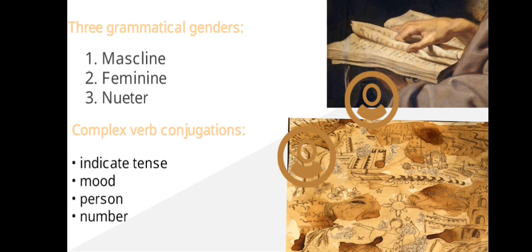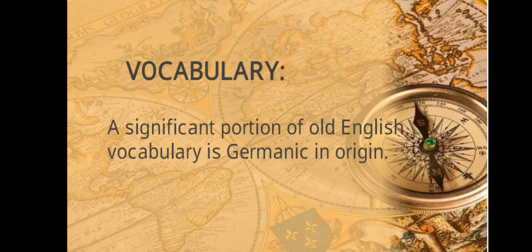So now let's go on to complex verb conjugations. We have here indicate tense, mood, person, and number. Complex verb constructions involve combining auxiliary verbs with main verbs to express various grammatical features like tense, mood, person, and number. So here's another breakdown for you guys.